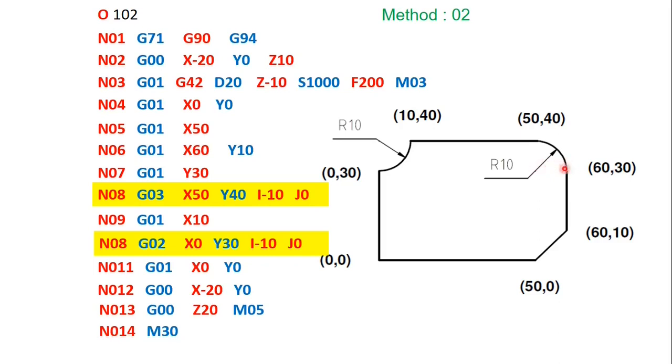I'm moving in the minus X direction, so that's why it is 10. That 10 is the distance, equal to the radius, and the sign is minus. Now what about the Y direction? If I see the starting point and end point, their coordinates are not changing in the Y direction. So that's why J is 0. Similarly here also.